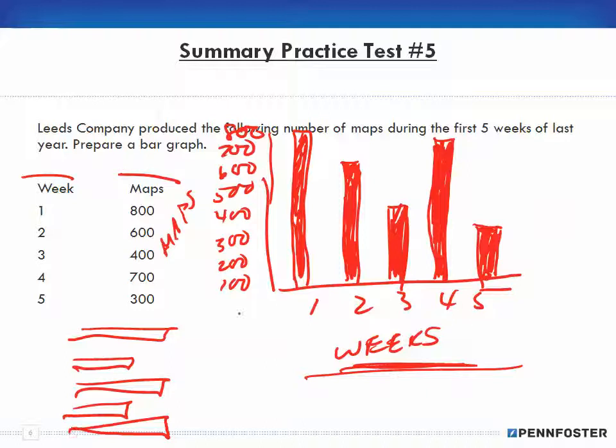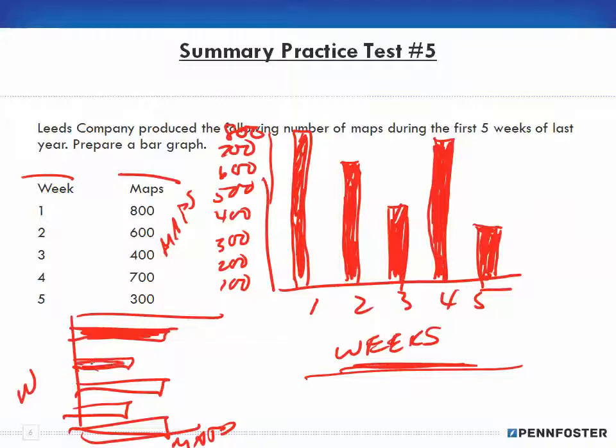Same data, it just would have looked different, right? Because here would have been my weeks, and here would have been my maps. It would have just been in a different format. Same kind of bar graph, same information. The only thing that looks different is whether you're looking at it vertically or horizontally.